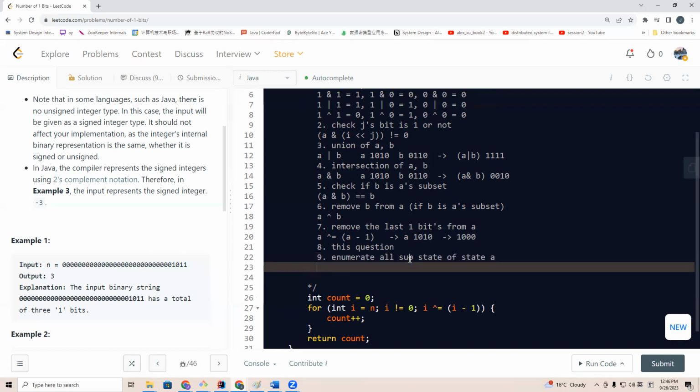We say for int i equals k, i greater than 0 (or greater than or equal to 0 if you want to include 0), i equals (i minus 1) AND k.